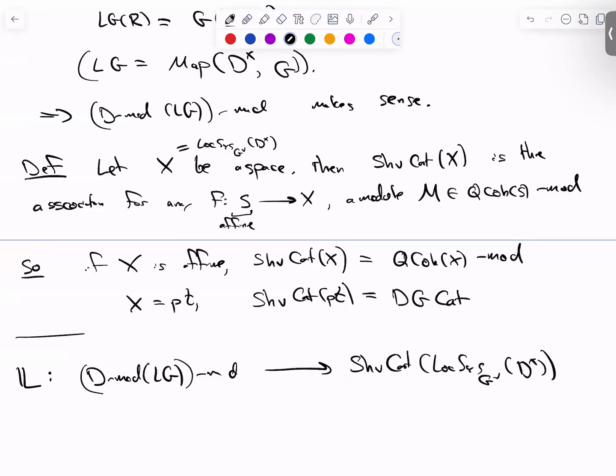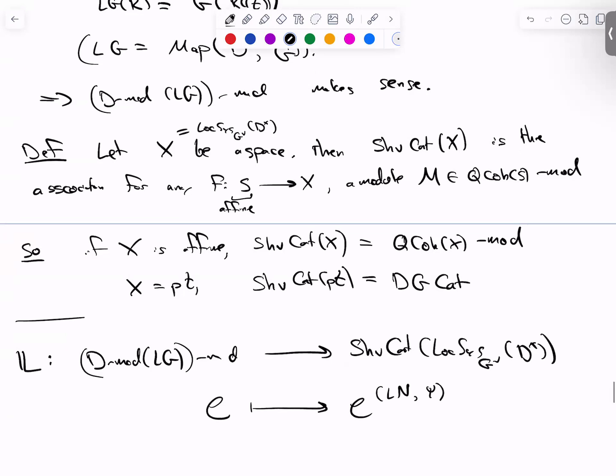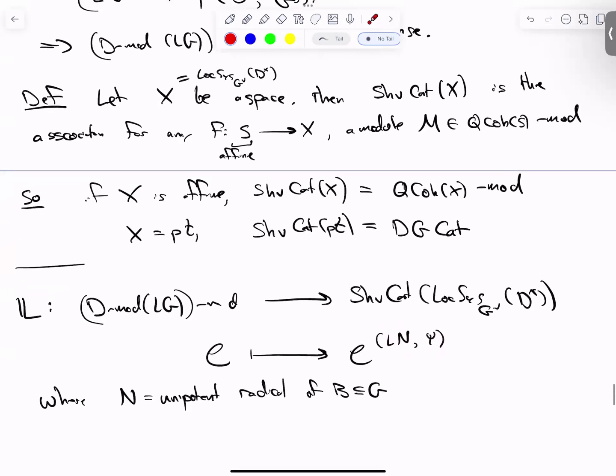So first of all, the functor itself is given by Whittaker reduction, where n equals the nilpotent radical. So we take Whittaker reduction with respect to loops of n with this character psi. We could have taken invariance or co-invariance. They're the same thing in this case.